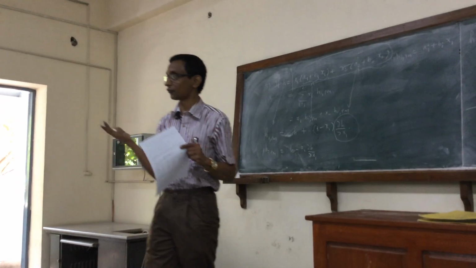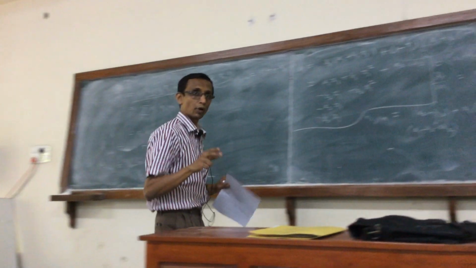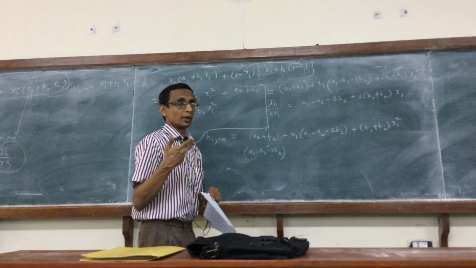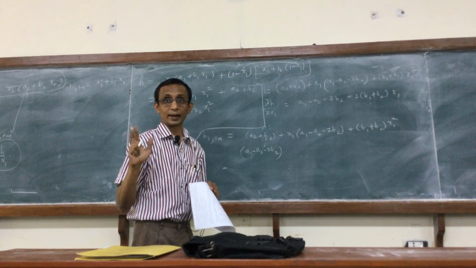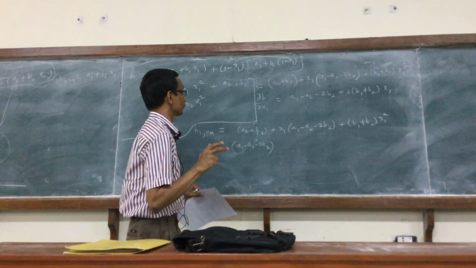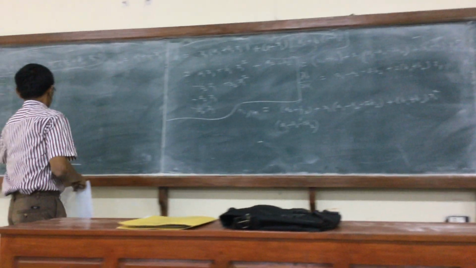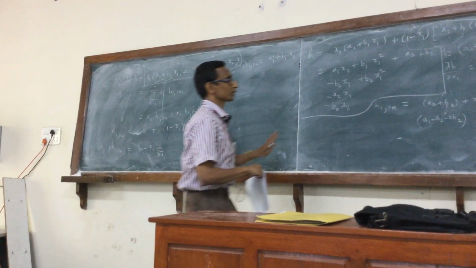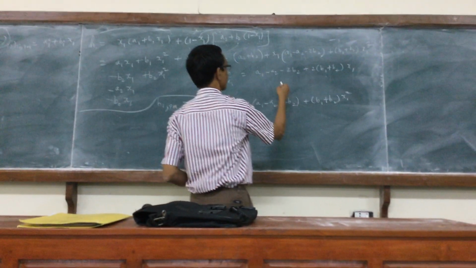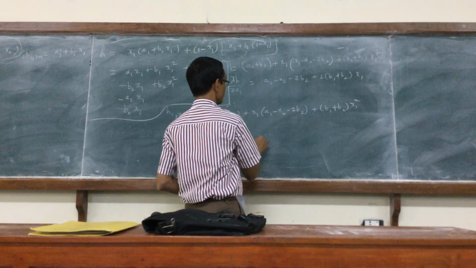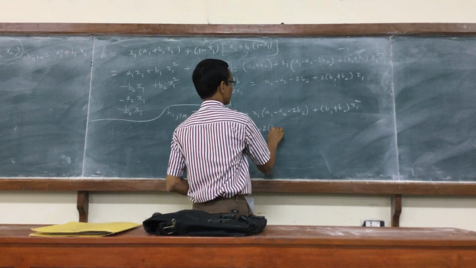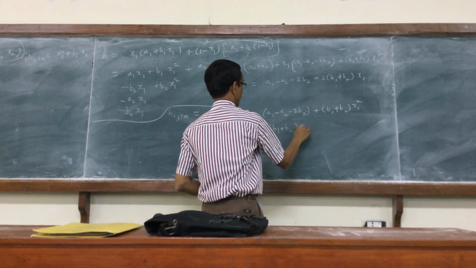If you have a better way of doing it, you are free to. Finally, what matters is whether you are able to get to the final answer correctly and not make mistakes in between. So we have 1 times dh by dx1. So I'm going to just put dh by dx1 here. The constant terms here plus 2 times b1 plus b2 x1.